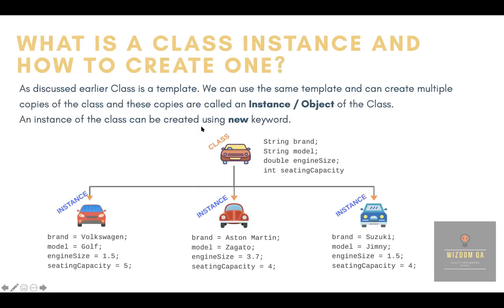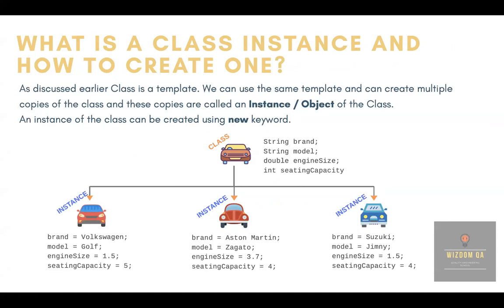So you are creating an instance of the class. When you say you're creating an instance of Volkswagen, that's fine. You're creating an instance of the Car class, but you are naming it Volkswagen.